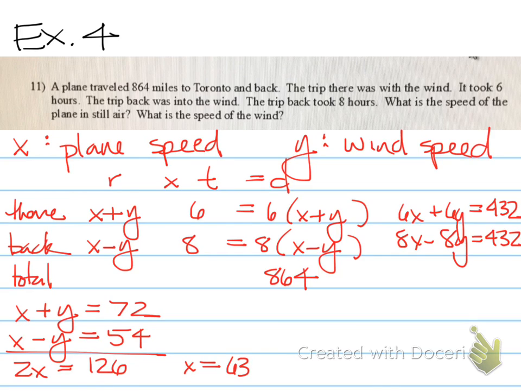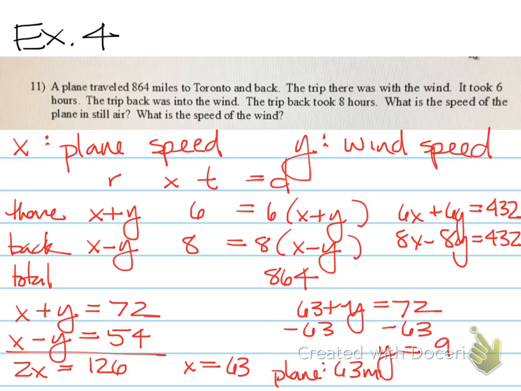Plug that value of x into either equation. I chose the first equation, so y equals 9. So the plane speed is going to be 63 miles per hour, and the wind speed is 9 miles per hour.